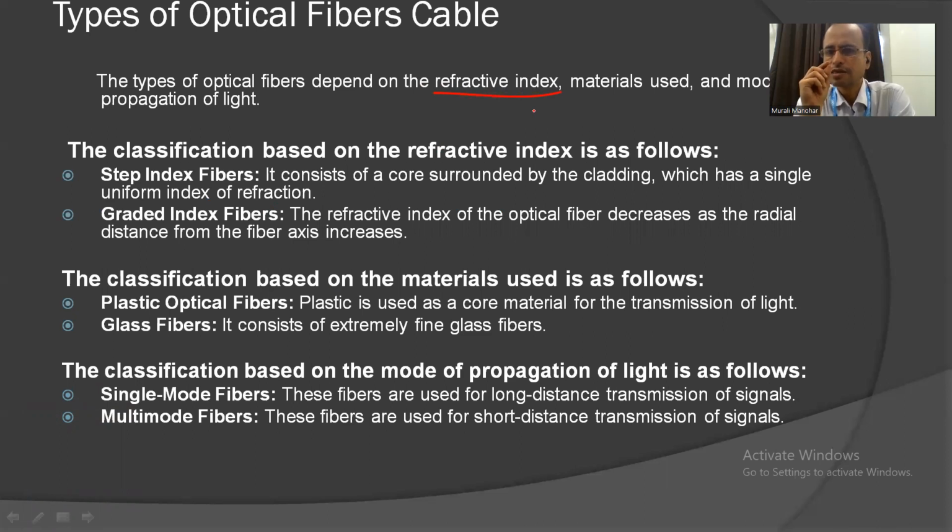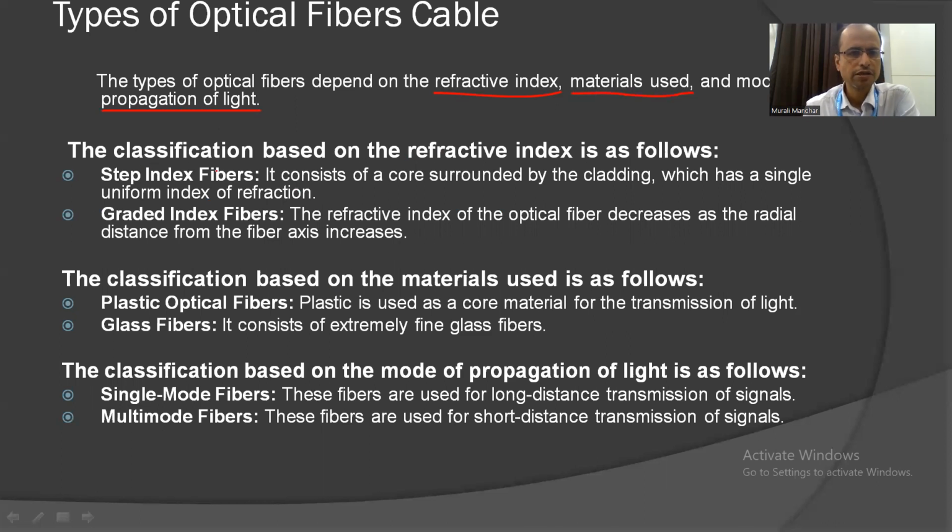Second one is the material used, which type of material is used in a fiber optic cable. And last one is the mode of propagation of light. On these three points, fiber optic cables are classified.